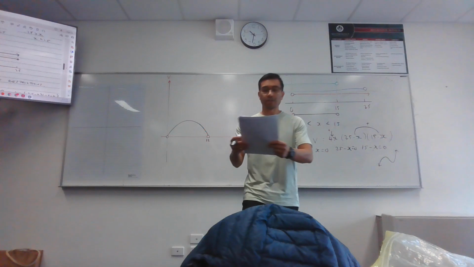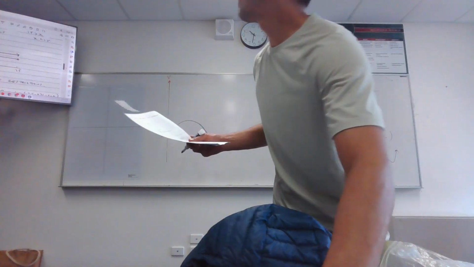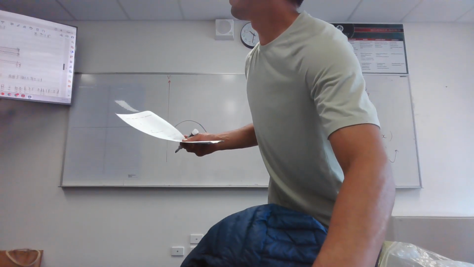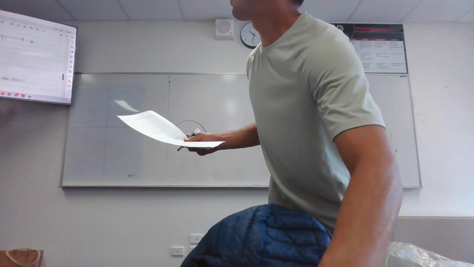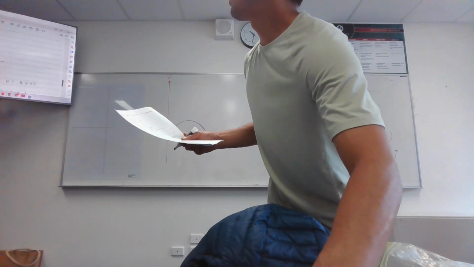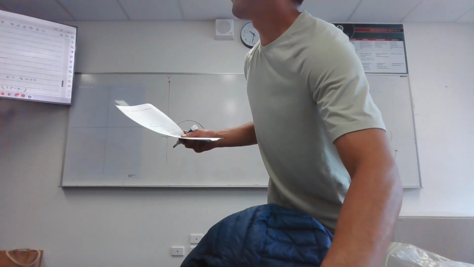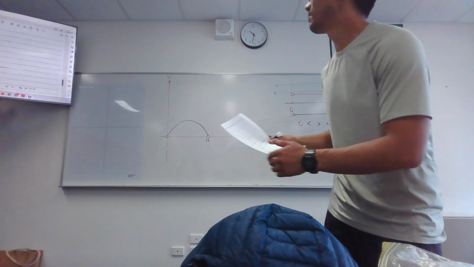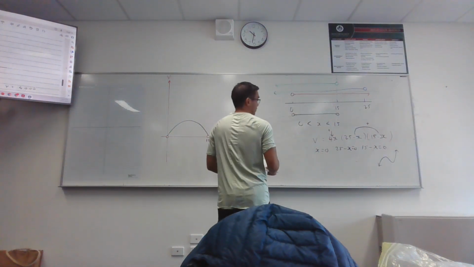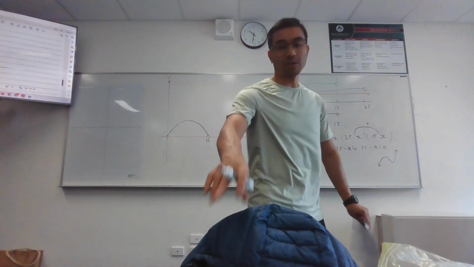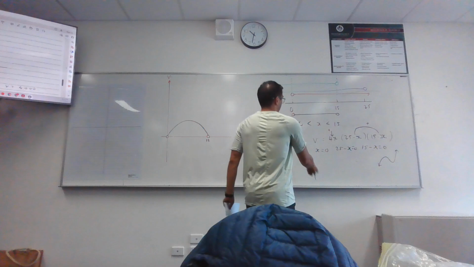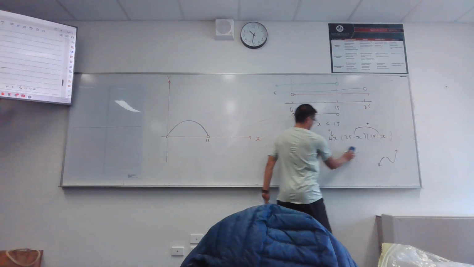The last question is simply, you might be asked in a SAC situation, for what values of x is volume 4000? So all you're going to do, would I put the 4000 in the x's or the v?